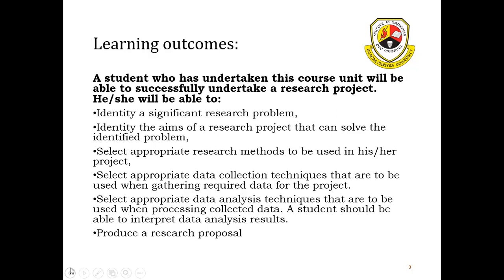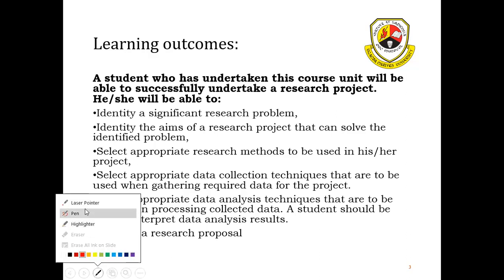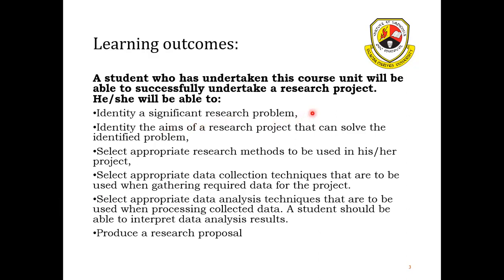One of the most significant things in research is identification of the research problem. Not the keyword, research problem. Okay? This is going to be very, very significant for us. And the earlier we begin to grasp this, the easier it becomes for us, not just for this course unit, but when we're doing our dissertations. This is an extremely important part of our course. Identification of the research problem.